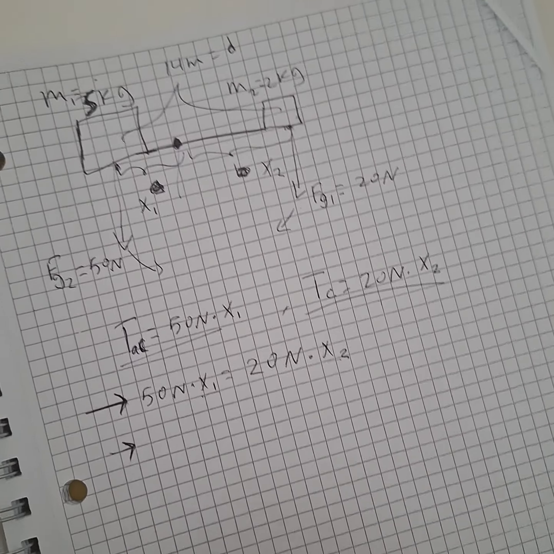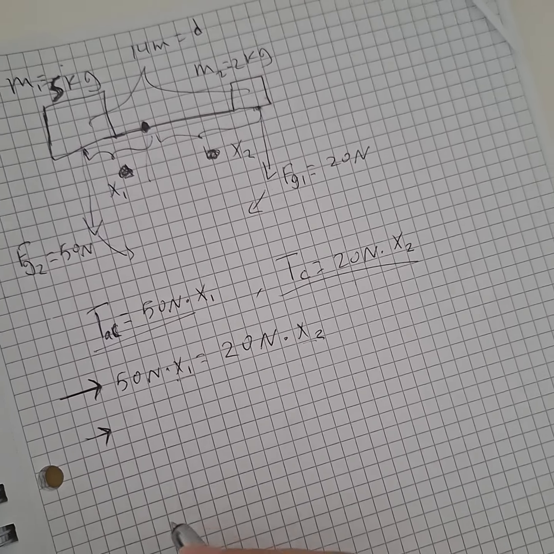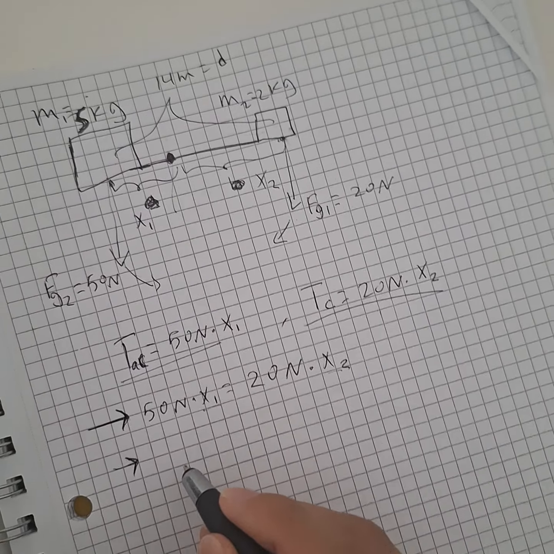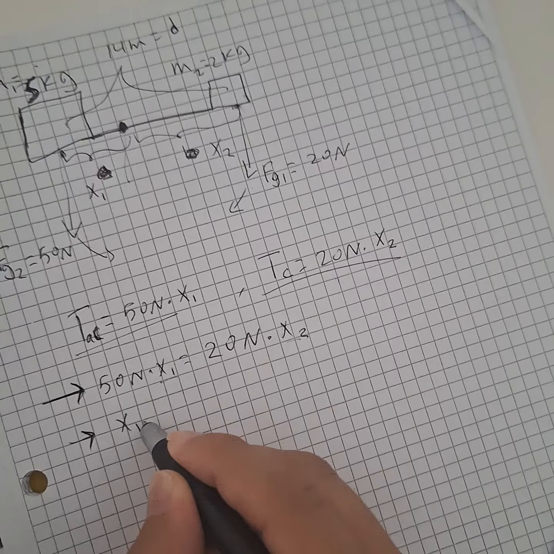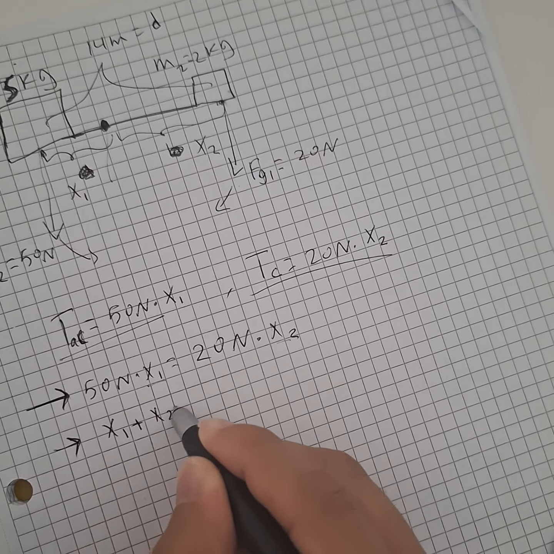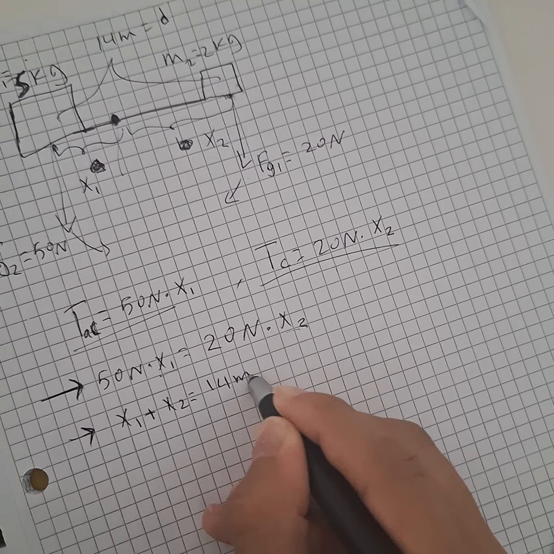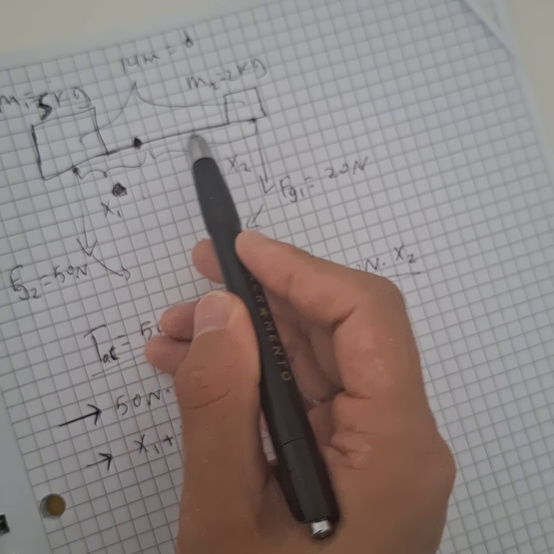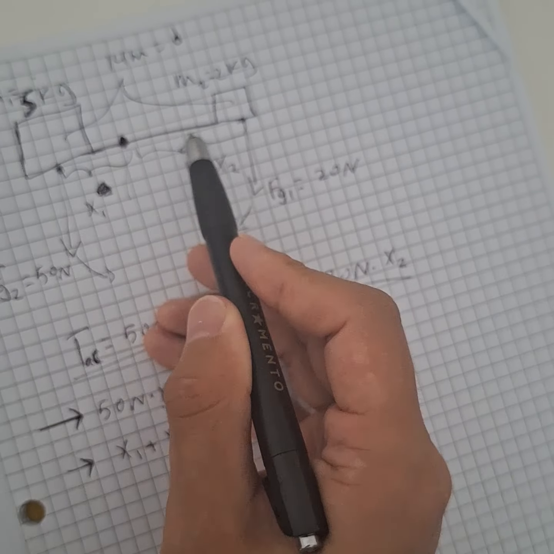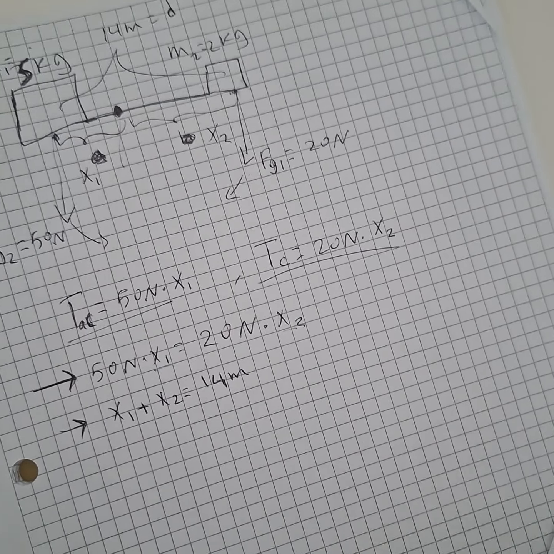I forgot to put that in the beginning of this video. So we will add that information to our equation list. x1 plus x2 is equal to 14 meters. x1 is this small distance, x2 is this one, and adding them together will give us 14 meters.